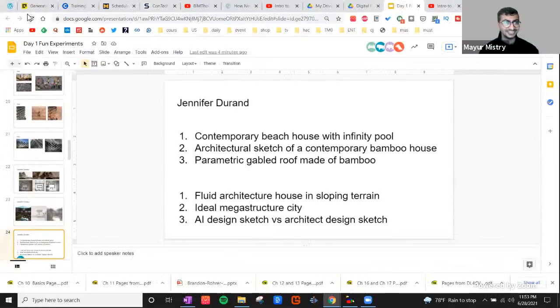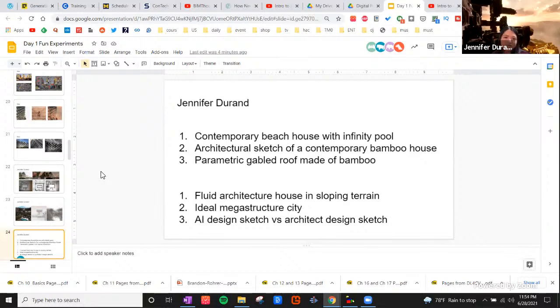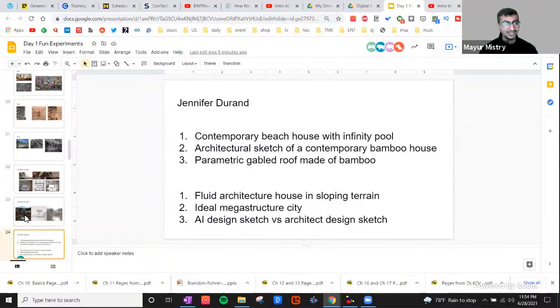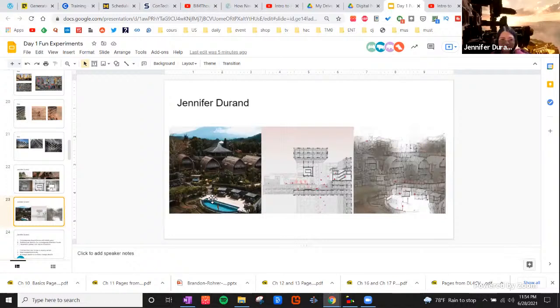Then I have more topics, maybe crazier ones: fluid architecture house in the sloping terrain, ideal structure city, and AI design sketch versus an architect design sketch. That's interesting. Yeah, that's all. That should be fun for the Q&A.